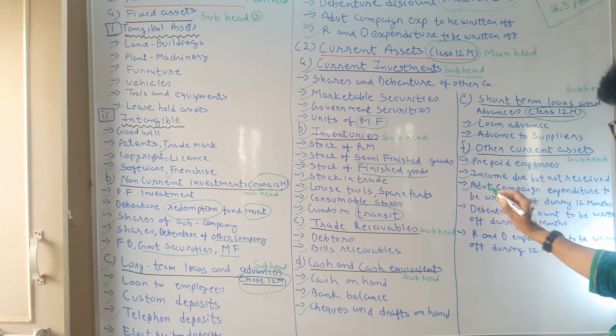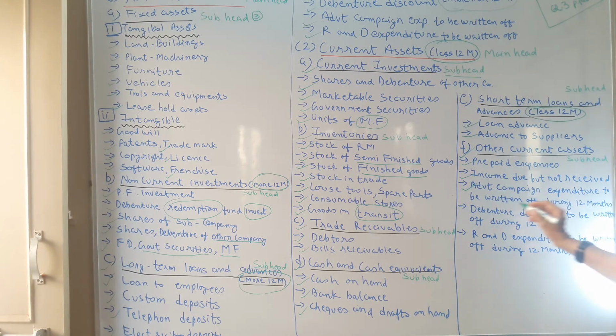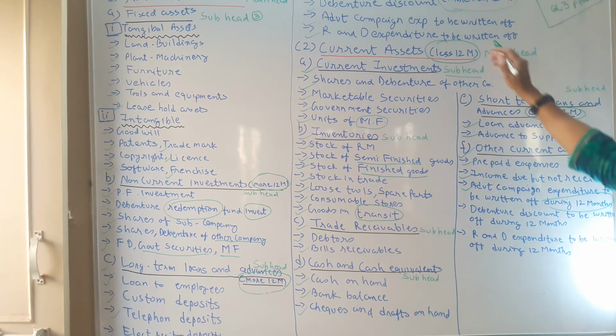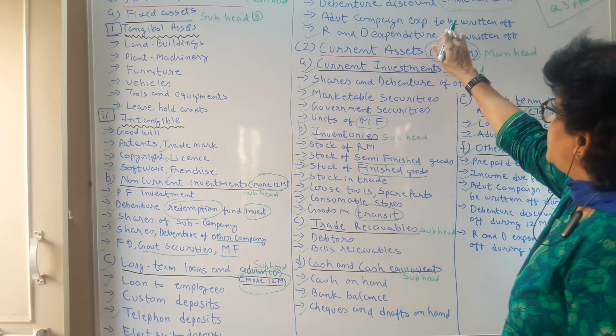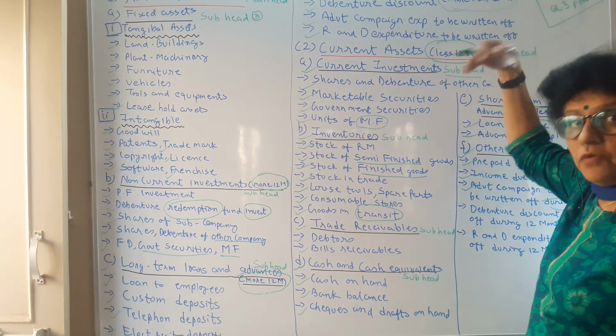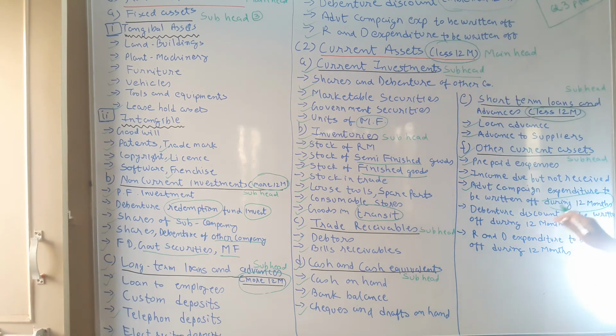The advertisement campaign expenditure to be written off during 12 months. Earlier we have seen advertisement campaign expense to be written off in more than 12 months, while here it is during the 12 months. Debenture discount to be written off, again during the 12 months. And the research and development expenditure to be written off during the 12 months.